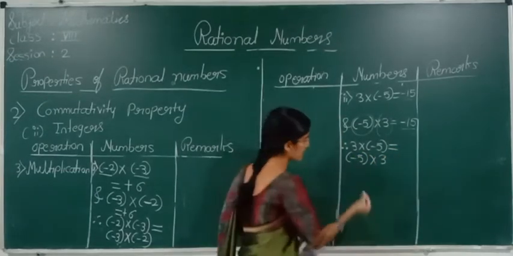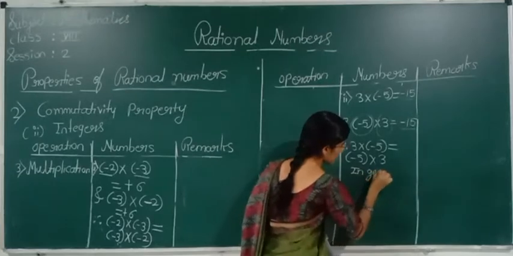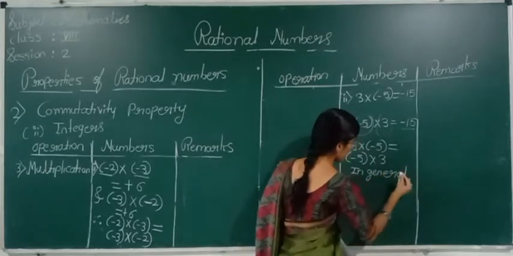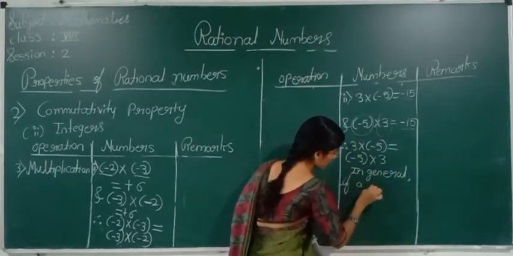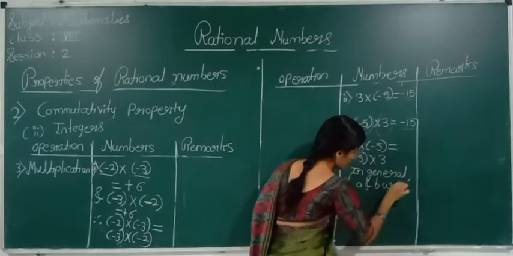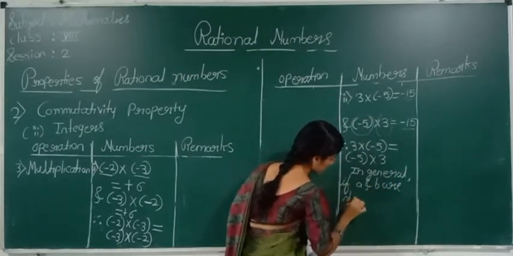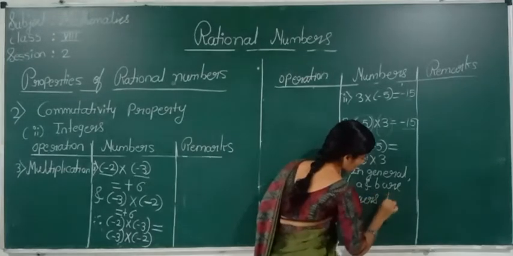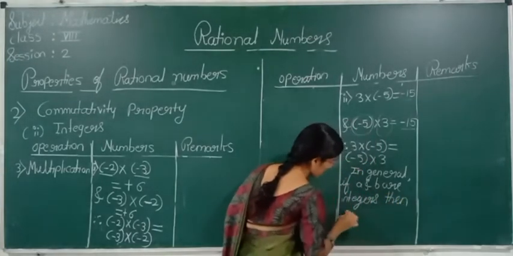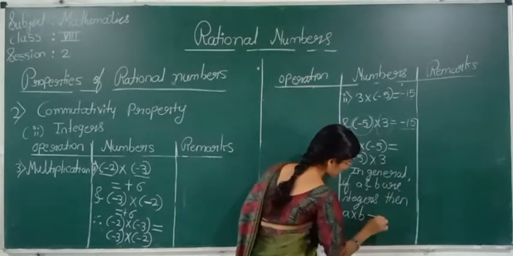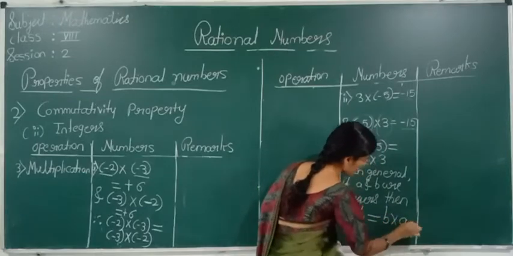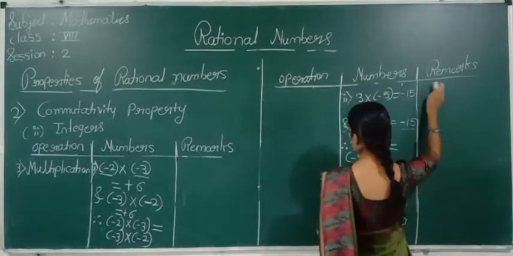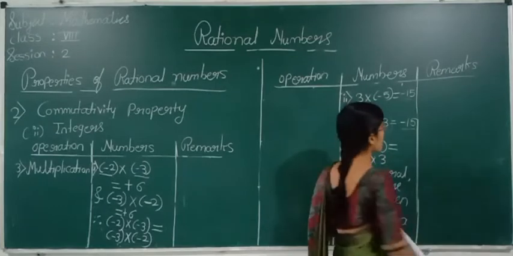Yes, what can we say? In general, if A and B are integers, then A multiplied by B is equal to B multiplied by A. What conclusion can we give here?